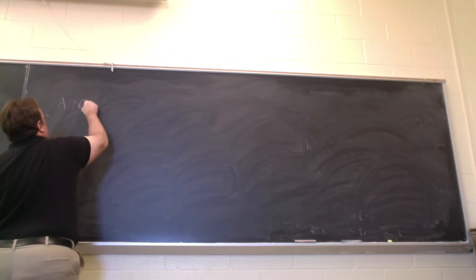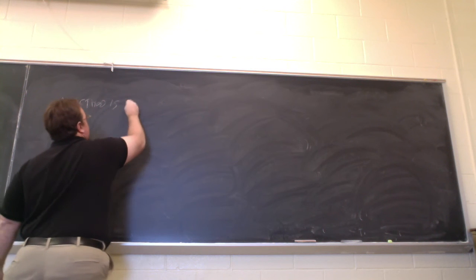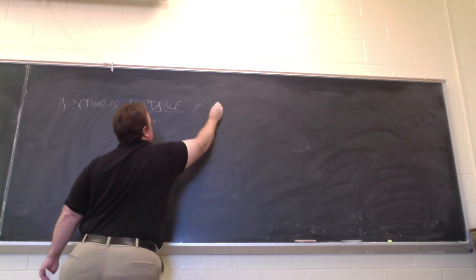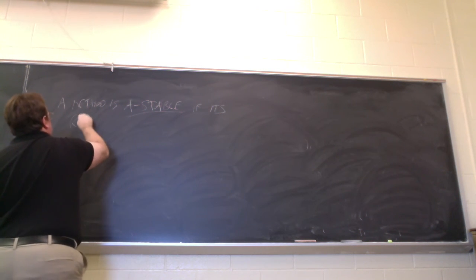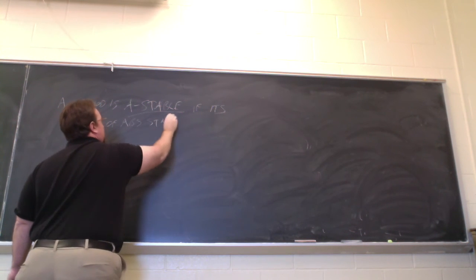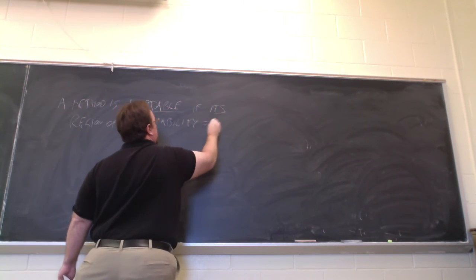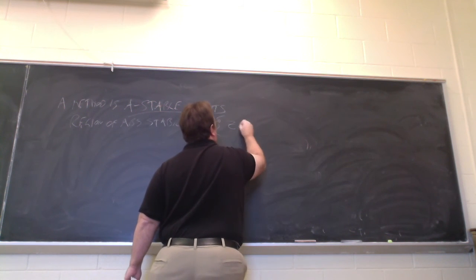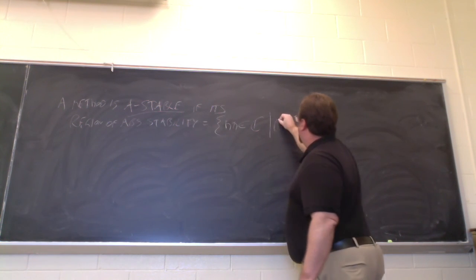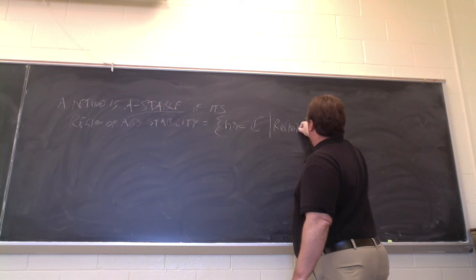A method is A-stable if its region of absolute stability is equal to the set of all complex numbers h lambda such that the real part of h lambda is negative.